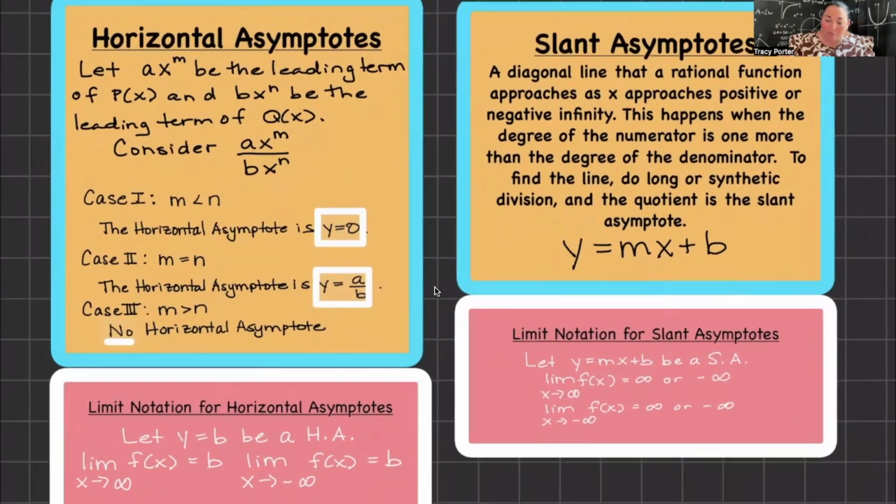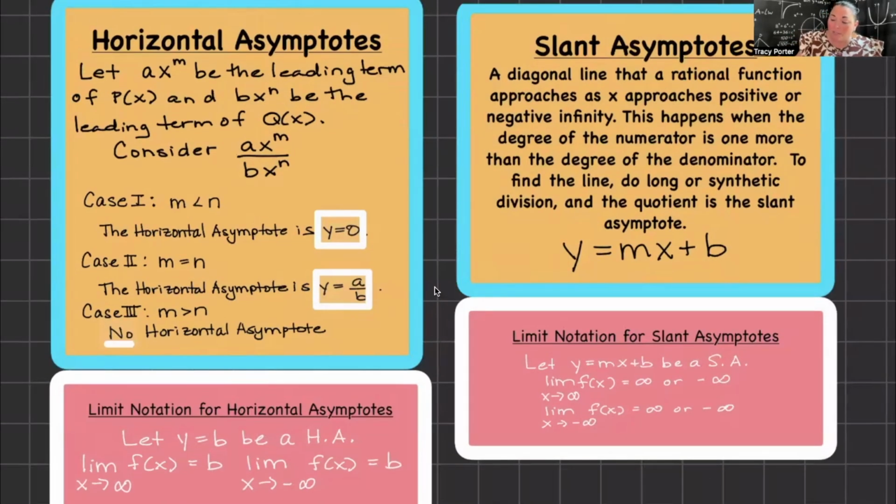Now, going over to the slant asymptote, this happens in a specific case of case three. The numerator degree is larger than the denominator degree, but specifically exactly one more than the degree of the denominator, for example x cubed on top and x squared on the bottom.